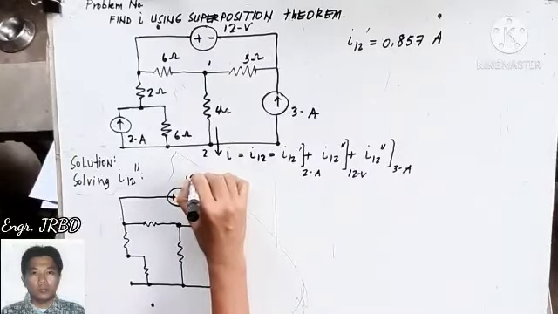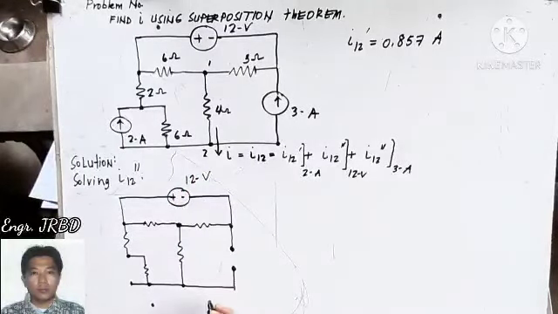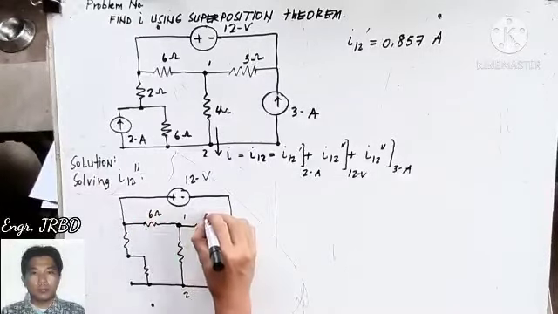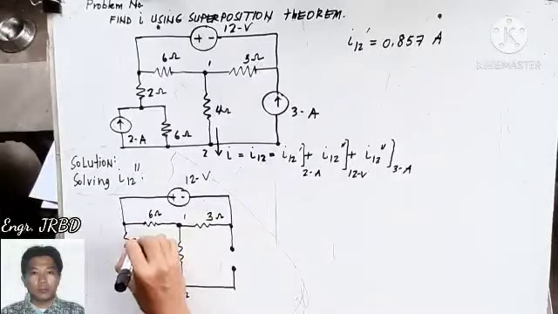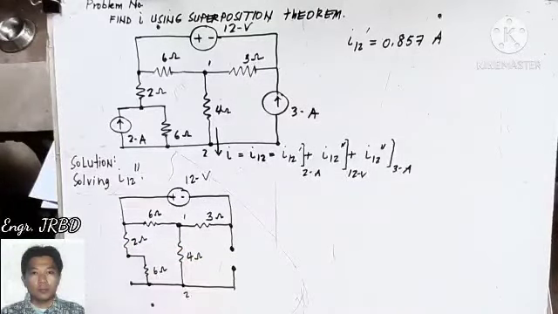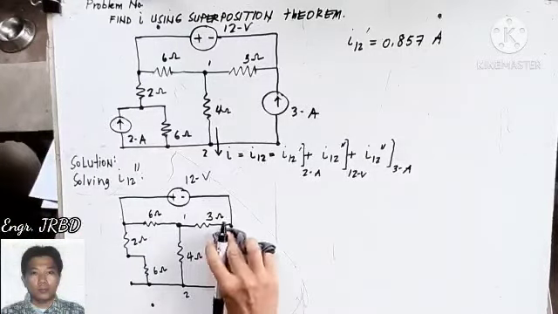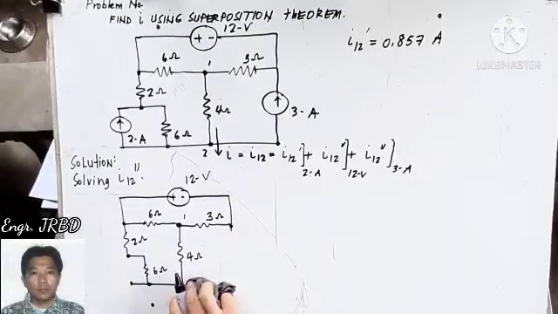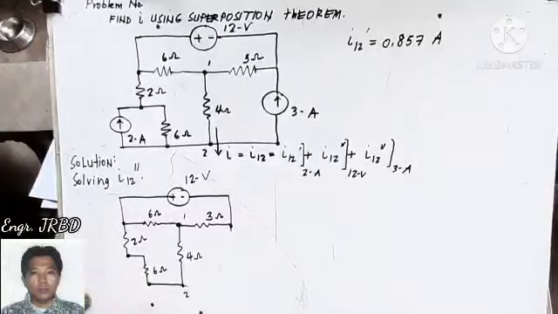This is 12 volts. Okay? Terminal 1, terminal 2, 6, 3, 2, 4, 6. Let us try to remove the excess terminals for clarity. You can always do this, most especially if you are using pencil. Okay?